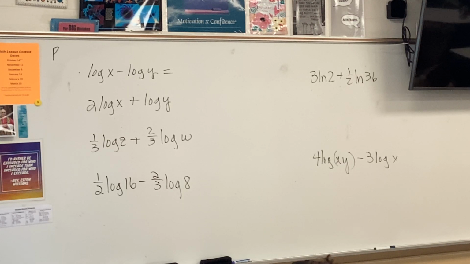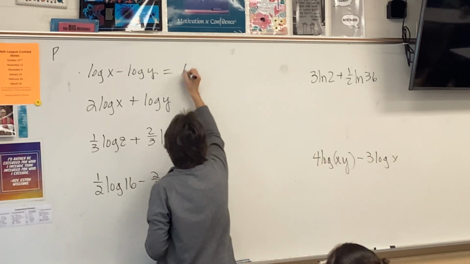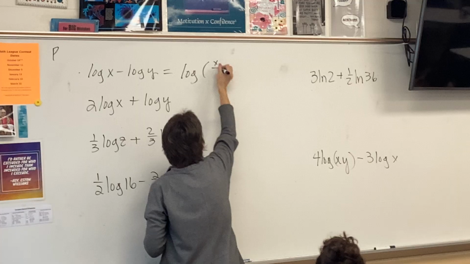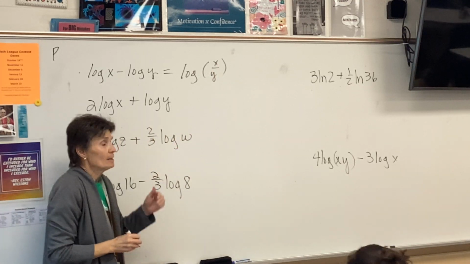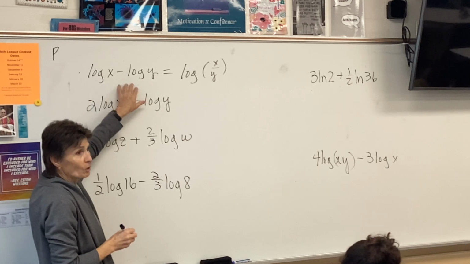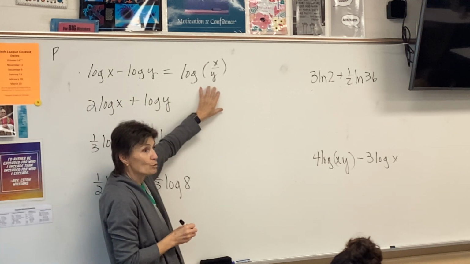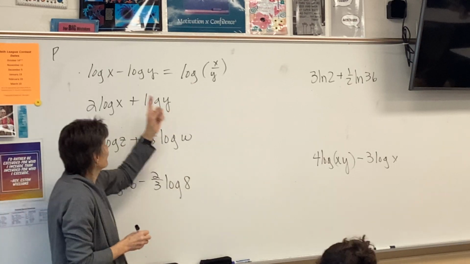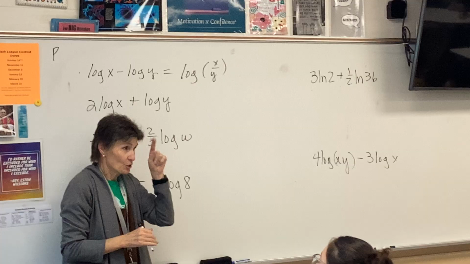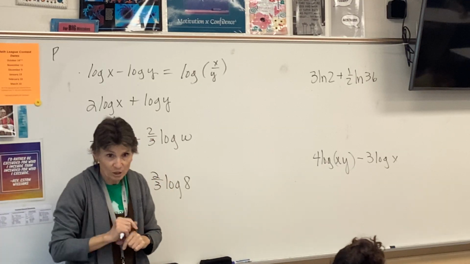It's going to be log of x divided by y, because in logarithm land, the difference of logarithms translates into the quotient. So if you have a log minus a log, you put them together as a division.